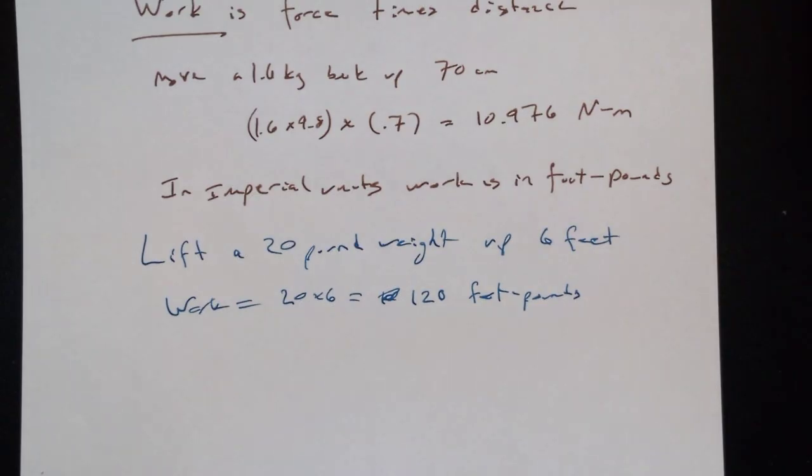Both of these assume I'm working against gravity. Gravity doesn't change that much when I am here on the surface of the Earth. If I want to worry about gravity changing, I got to worry about much larger distances. So if my force is a constant, this is easy.